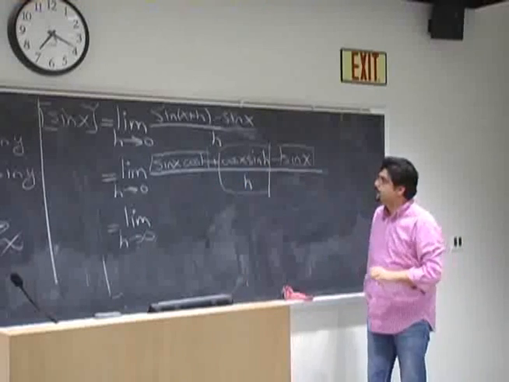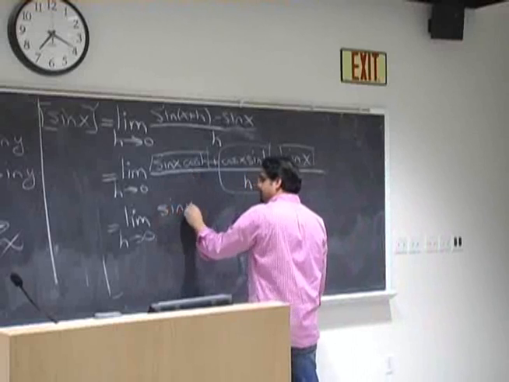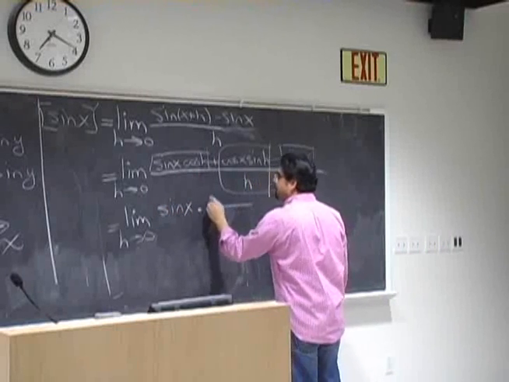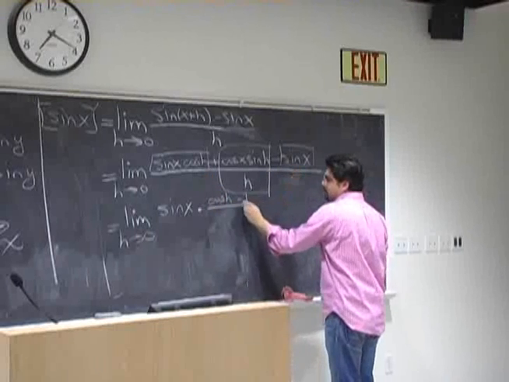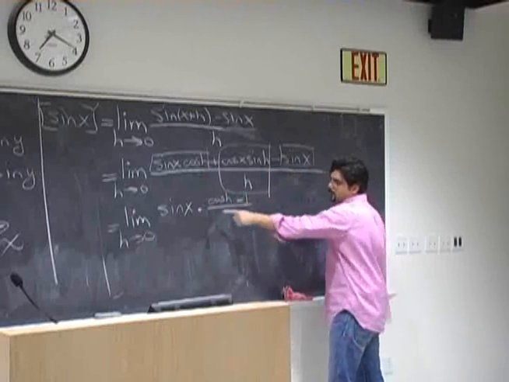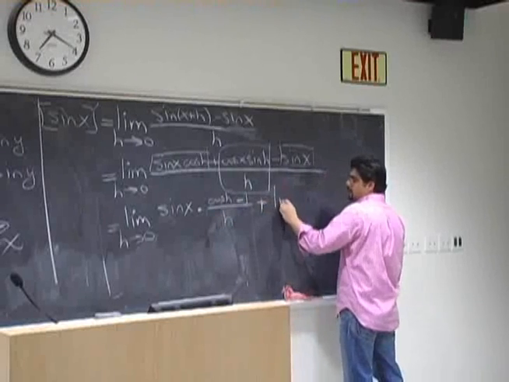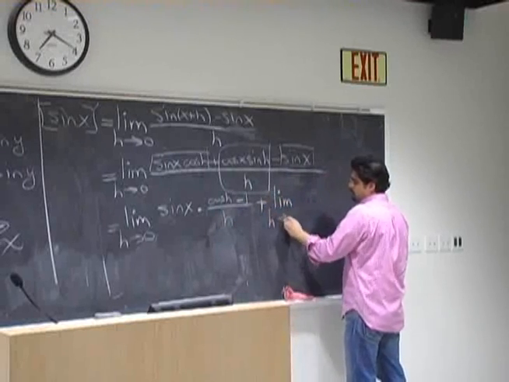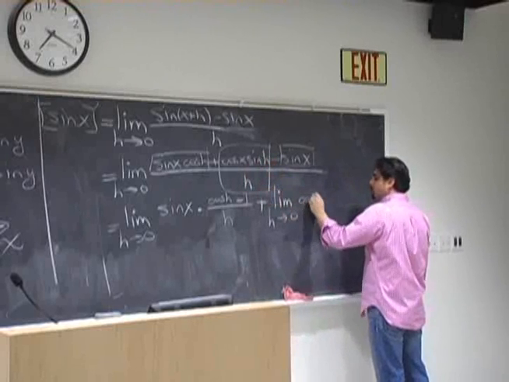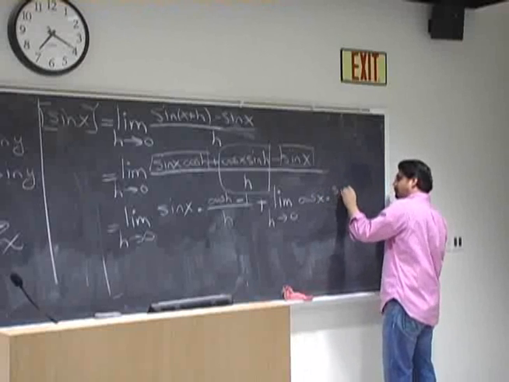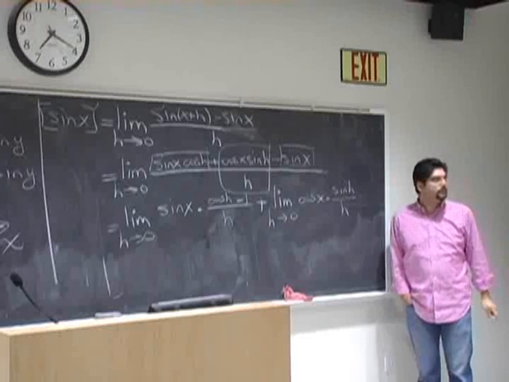So let's separate that. So I'm going to get sine x times cosine h minus 1, right? I'm factoring out sine x over h, plus the limit as h goes to 0 of cosine x times sine h over h. Is that clear? Okay.